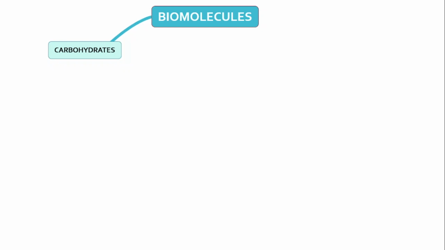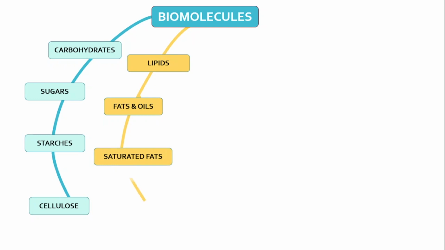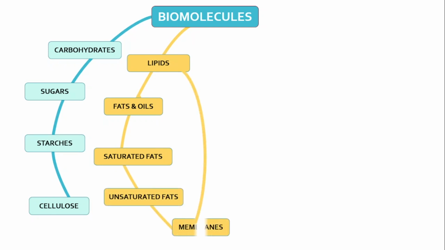Biomolecules: in the starting, I told you that carbohydrates, lipids, proteins, and nucleic acids all come under biomolecules. Here in carbohydrates, we have sugars, starches, and then cellulose. This is the monomer. Whereas in lipids, we have fats and oils, then saturated fats and unsaturated fats, and lipids are also the main constituents of cell membranes.